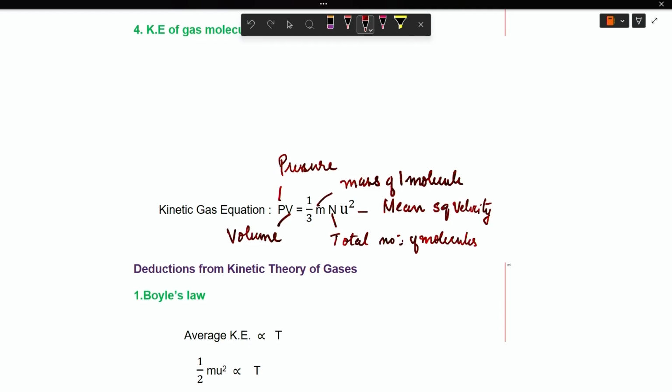It is the mean of the squares of the velocities taken. So this is the kinetic gas equation, and we are going to take deductions from this.